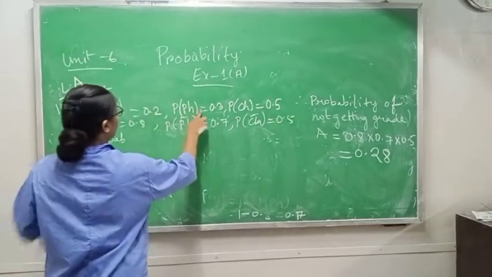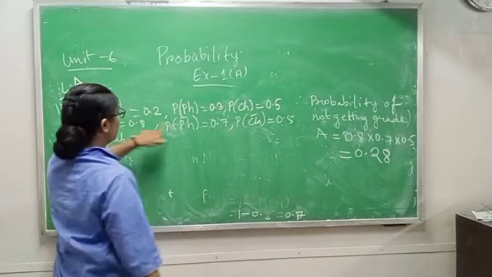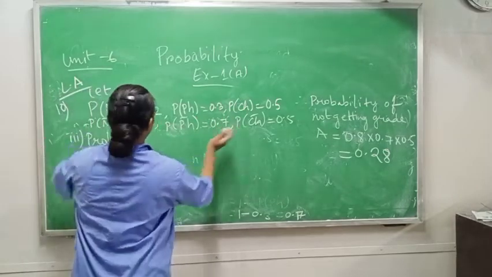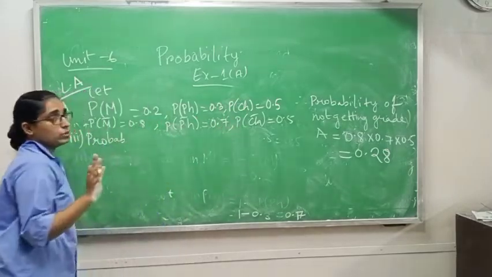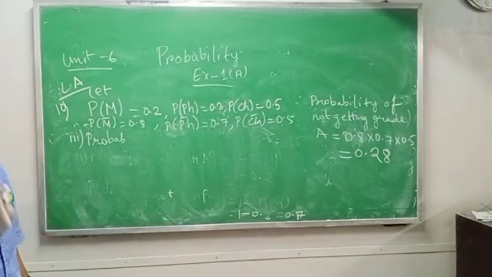The other values are for getting A, and these are for not getting A. They are asking only in two subjects he or she will get grade A.